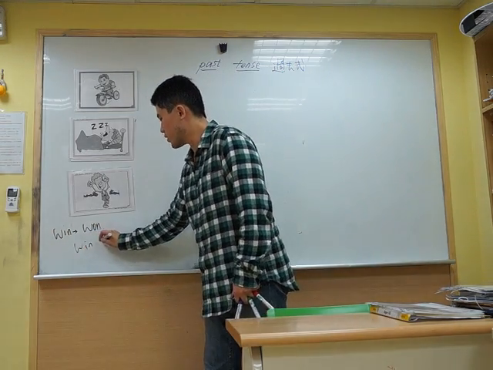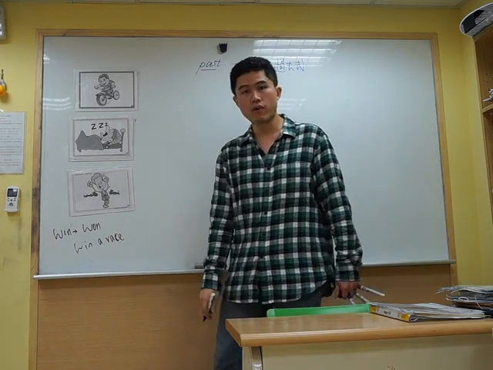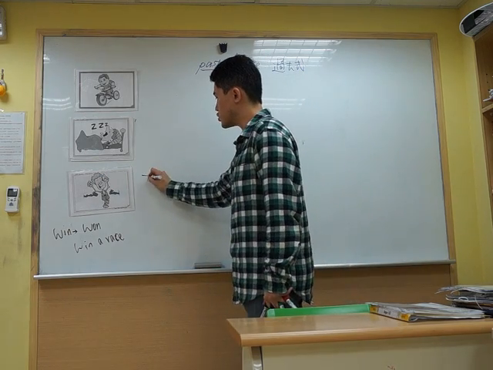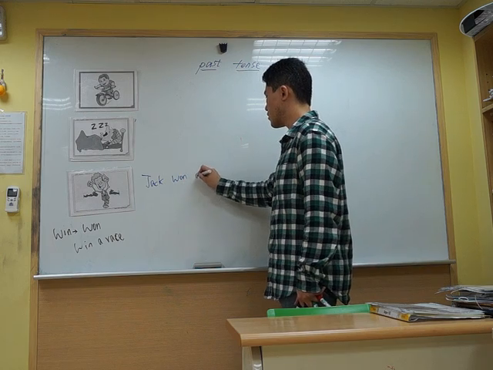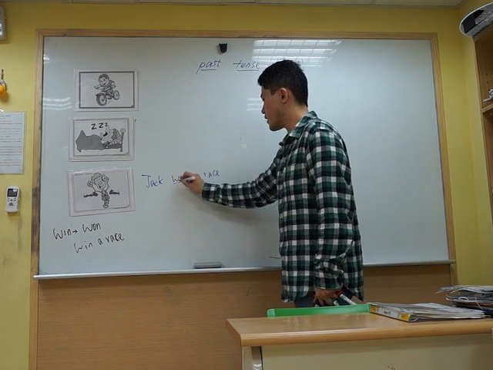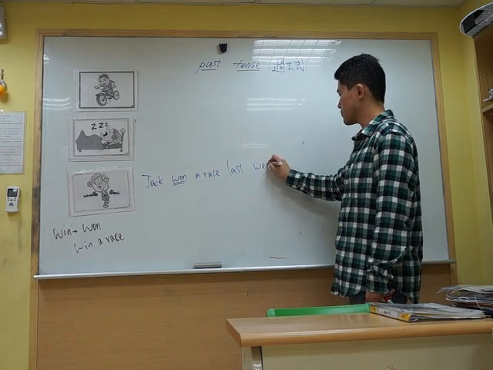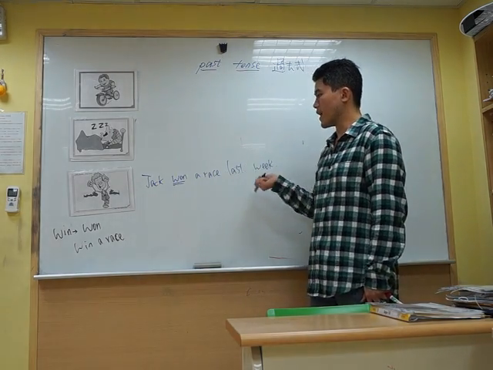You can win a running race. So he won a race. So past tense, this person is Jack. We can say Jack won a race. Past tense when? Last week. So together, Jack won a race last week.